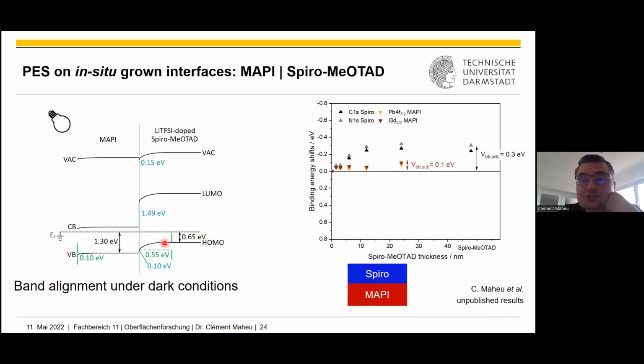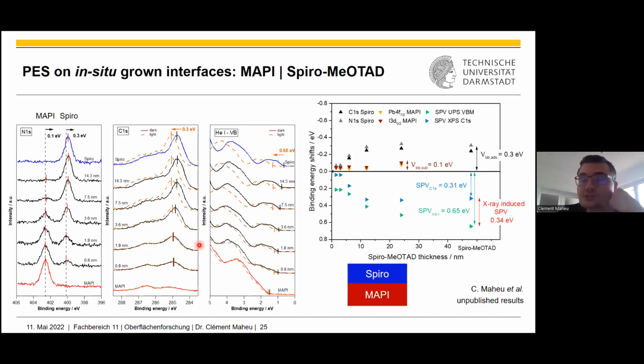So you can then draw such a band diagram. With the core level, you draw the band bending. With the valence band edge that you measure, you can draw this level here, and you can again use UV-vis absorption spectroscopy for the band gap and the cutoff for the vacuum level. So that gives you band alignment under dark condition, and you can also shine some light during your interface experiment to see the influence of light and to measure the photovoltage that you will create during your experiment.